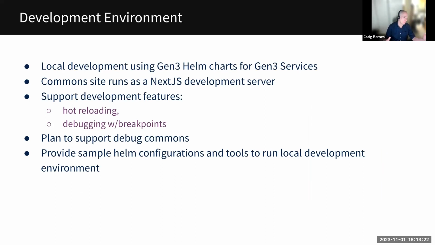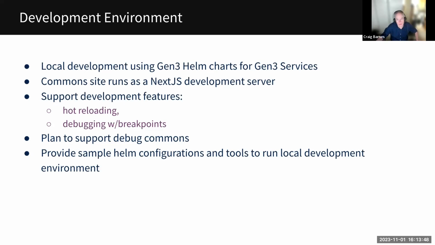And then development. So you want to develop a commons. We've been moving towards Gen3 Helm charts for local development, which lets you spin up all the relevant Gen3 services. What we are aiming towards, and have had some success with, and we're continuing to refine this, is that you would spin up a Helm chart and have your data loaded, with your local cluster running somewhere.